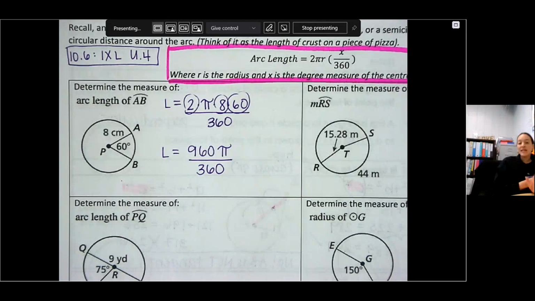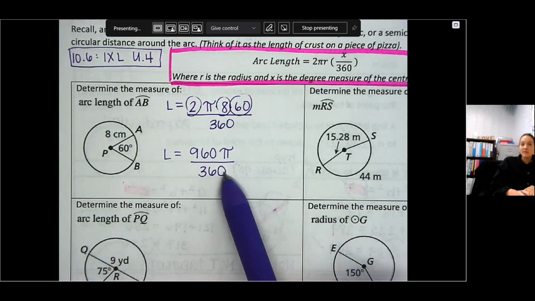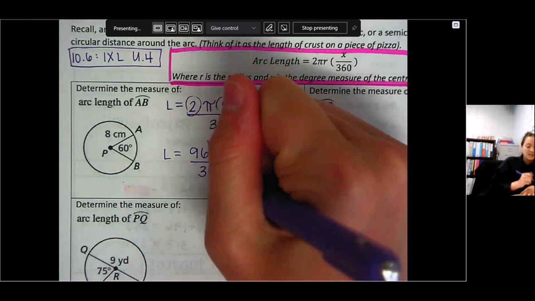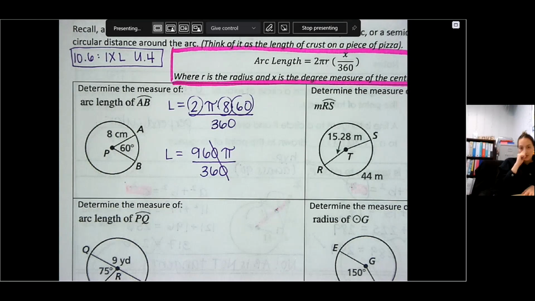So your final real length is 960 pi over 360, but we can reduce that. What can you divide both of those numbers by? You can definitely divide them both by 10, right? So I can just cancel the zeros. Now you're at 96 over 36.